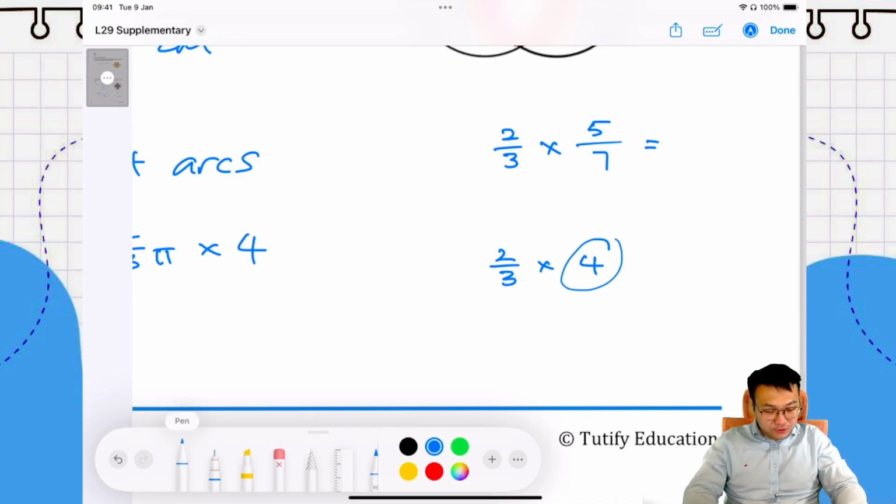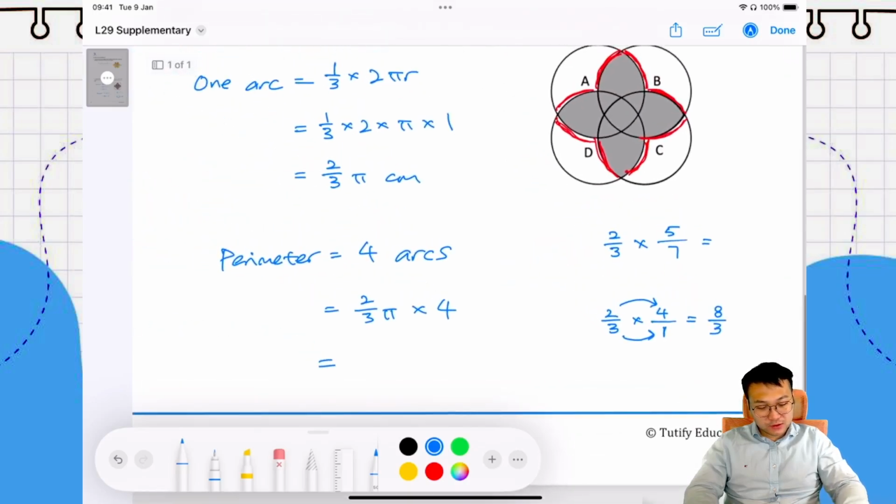Tell me, is 4 a whole number or is 4 a fraction? 4 is a whole number. Can I say that 4 is a fraction? Yes. Why? Because 4 can be converted into 4 over 1. Yes. So when you take the top times the top, bottom times the bottom, what do you get? 8 out of 3.